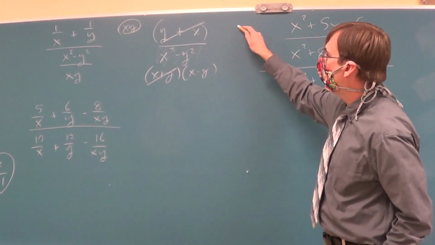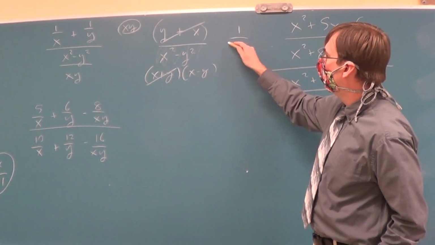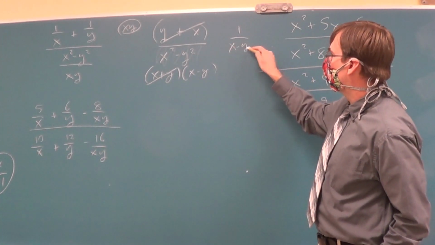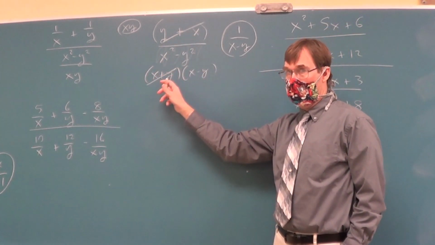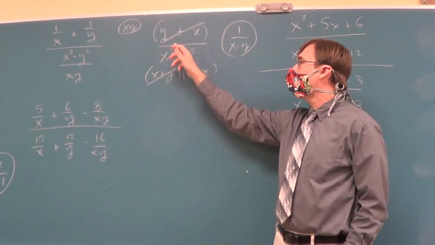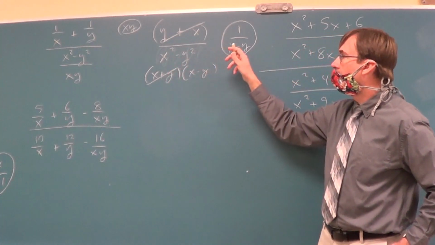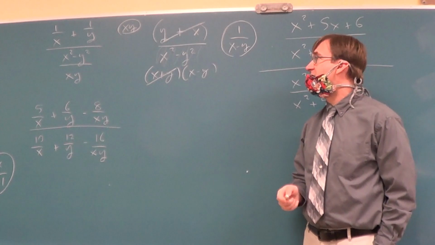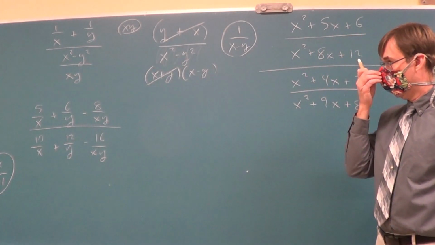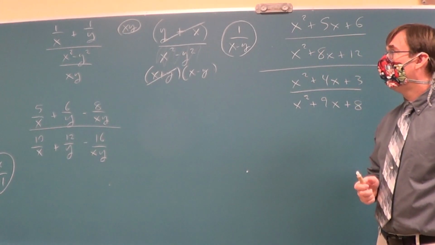No. Top, it just has a 1, x minus y over x minus y. If these were subtracting backward, that would matter. We can still cancel them, but how does that impact the answer? Throw a negative sign in the answer. It'd be a negative 1 instead. Something about that one?